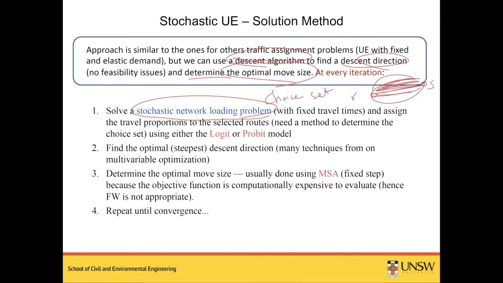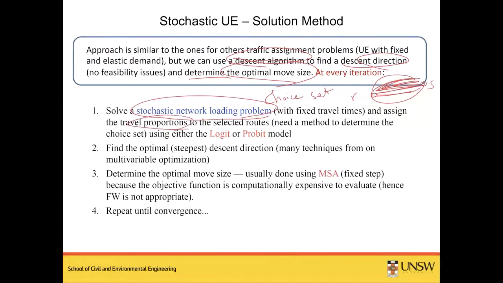I could either say I want to consider all the possible paths, or I could say I want to go with the three shortest, I want to apply a K shortest path algorithm, and K could be equal to 3, 4, 5, whatever.